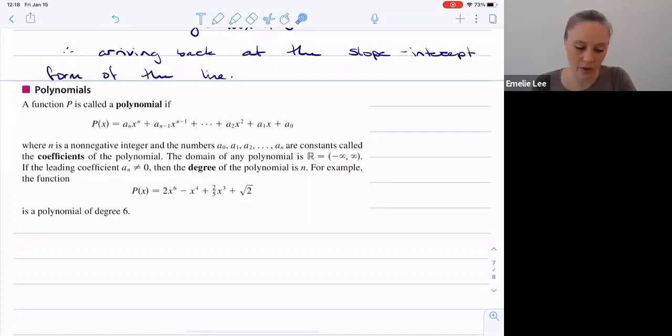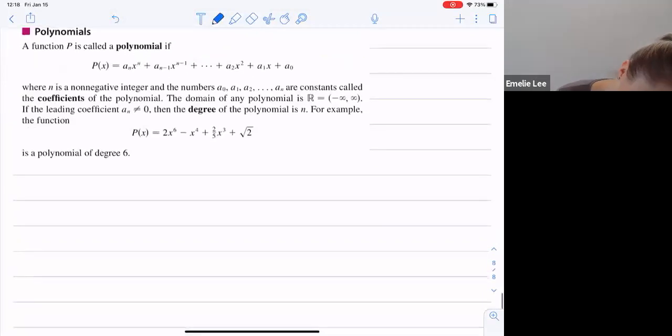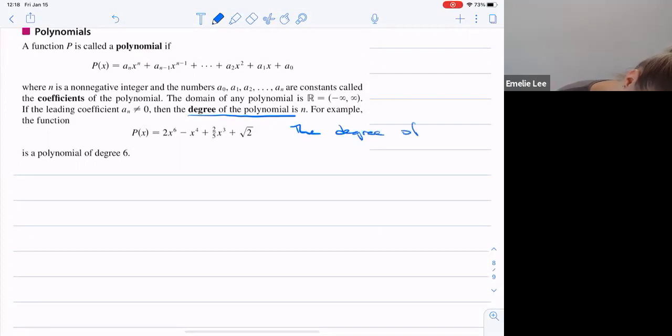The degree of the polynomial is the highest power of x.